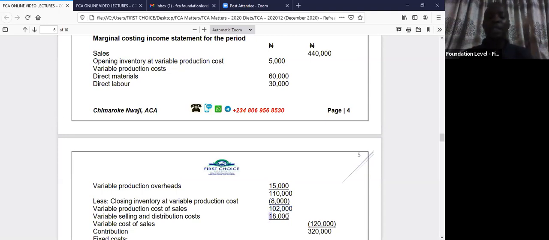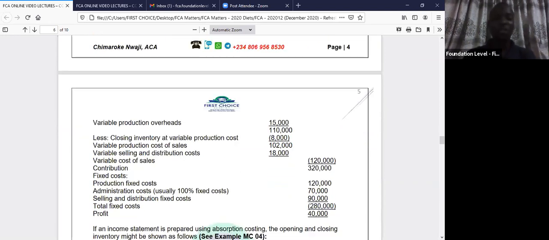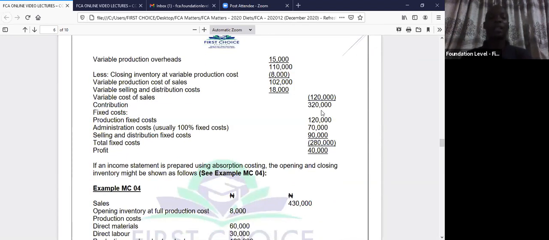So when you add your 18,000 to your variable production cost of sales, what you have as a whole is your variable cost of sales, otherwise known as variable costs. Your total variable cost is 120. When you take away 120 from 440, you have your variable or marginal profit or contribution of 330. This 330 is your marginal contribution.